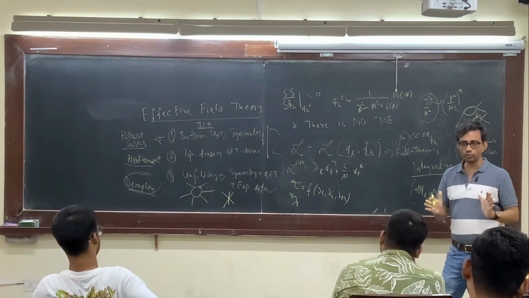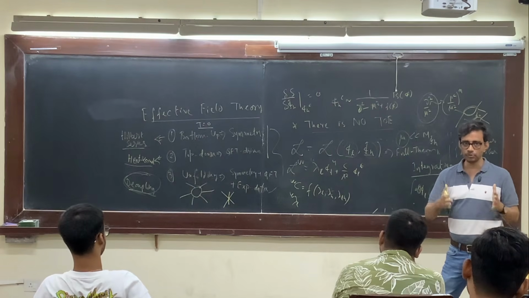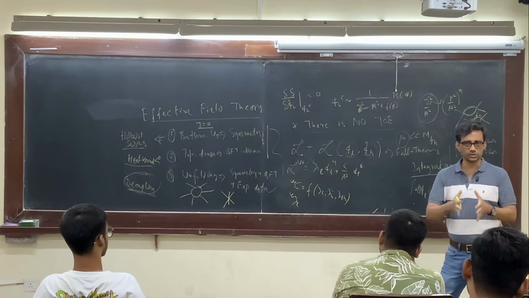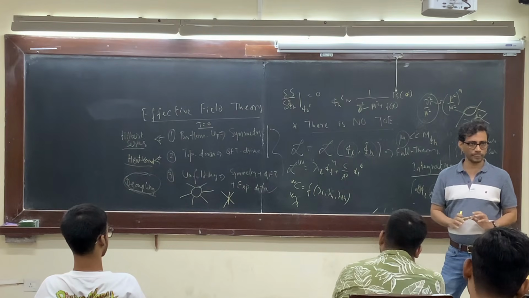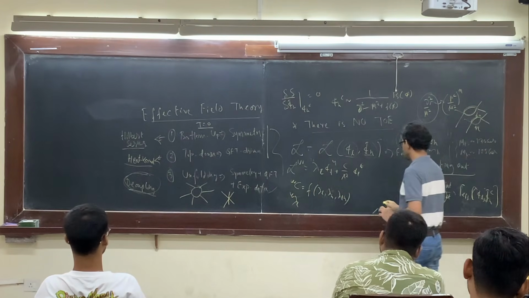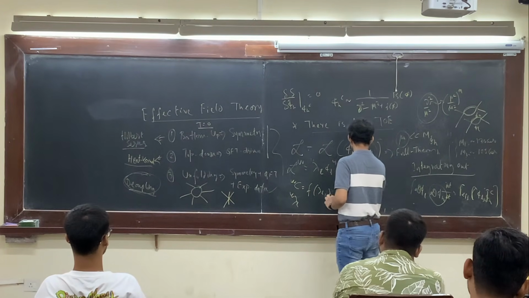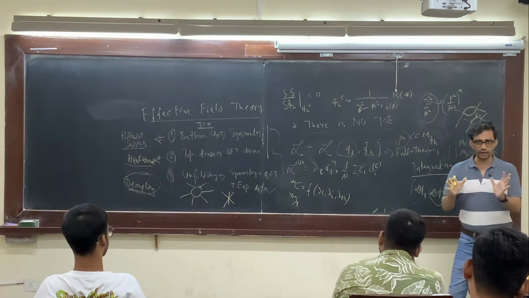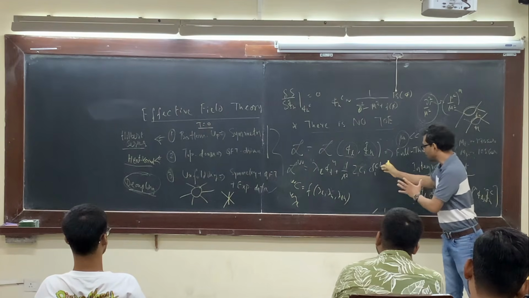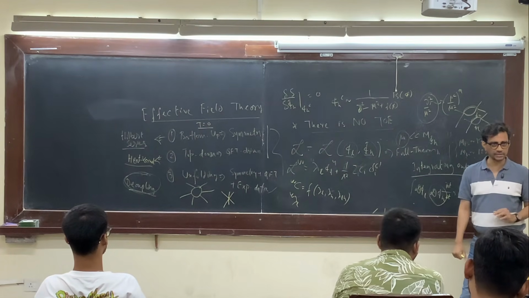So when I renormalize the theory, I have to make sure that I list all the operators up to that dimension order. That means it is not only phi 6, but it's all C_i O_i^6. So I add a complete set of non-redundant dimension 6 operators.